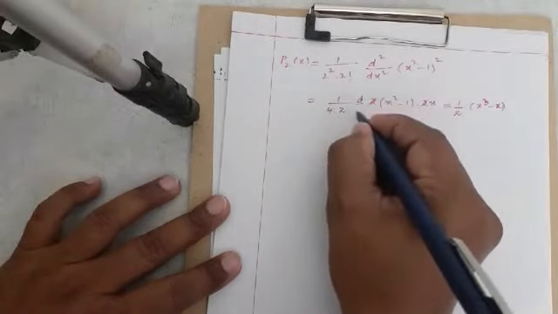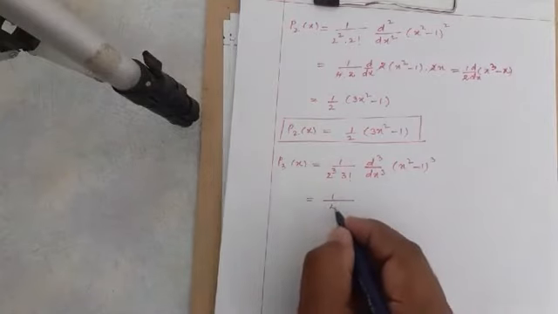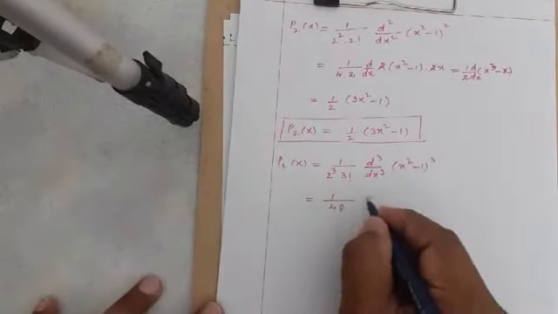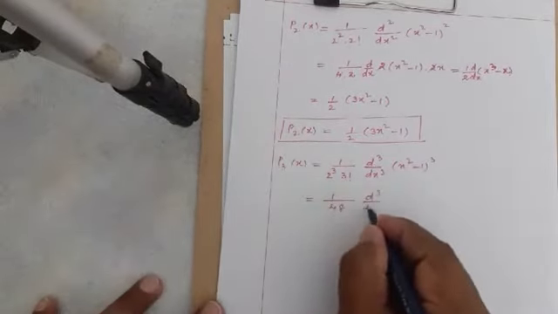As you know the formula of (a minus b) whole cube, first we simplify the constants. Here 2 cube is 8, and 3 factorial is 3 into 2 into 1, so 6. 8 into 6 is 48, so 1 upon 48. So here you get d cube upon dx cube.